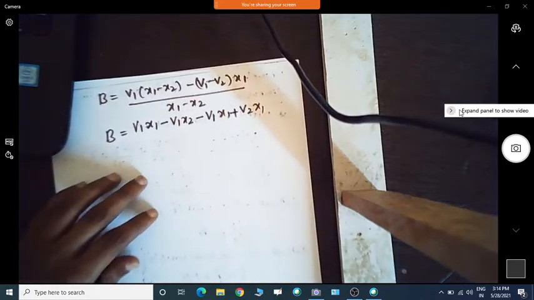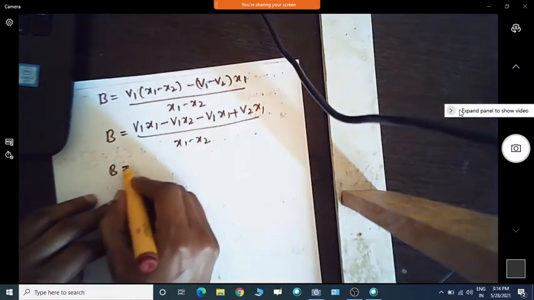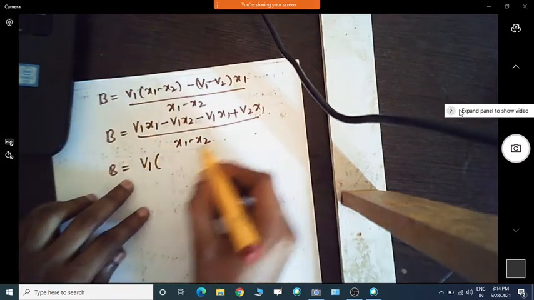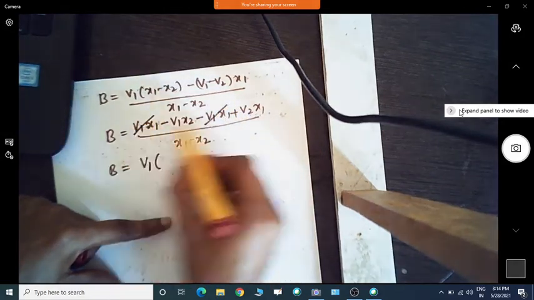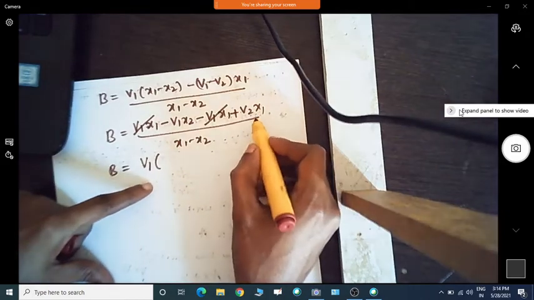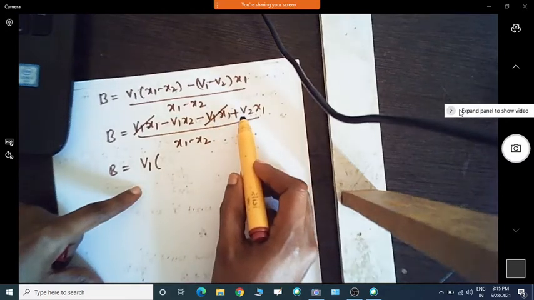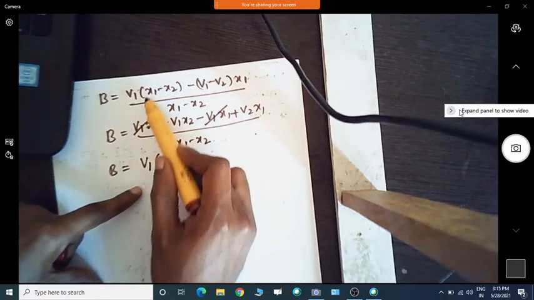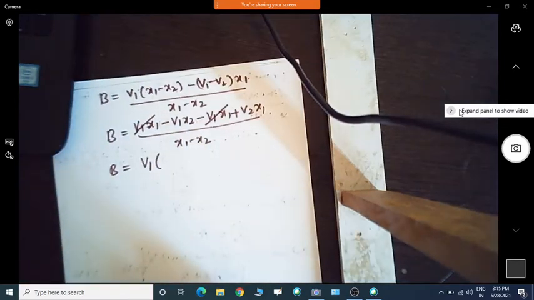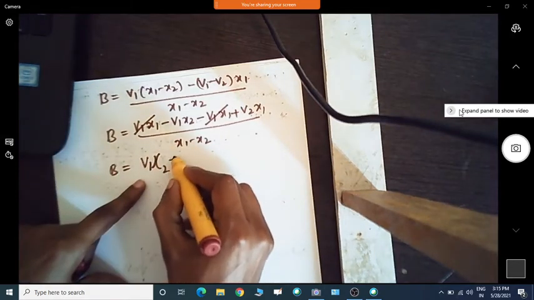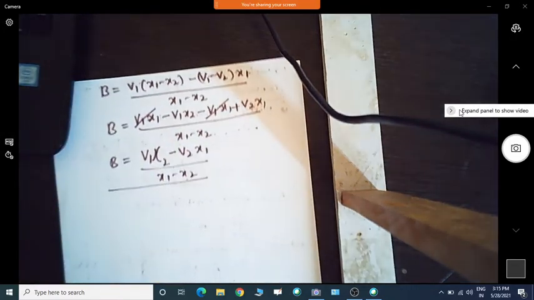The v1 x1 terms cancel, and we are left with minus v1 x2 plus v2 x1, which we can write as v1 x2 minus v2 x1 with the appropriate sign, divided by x1 minus x2. So this is the constant b.